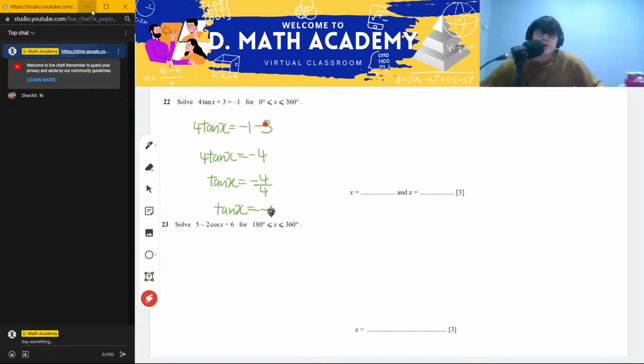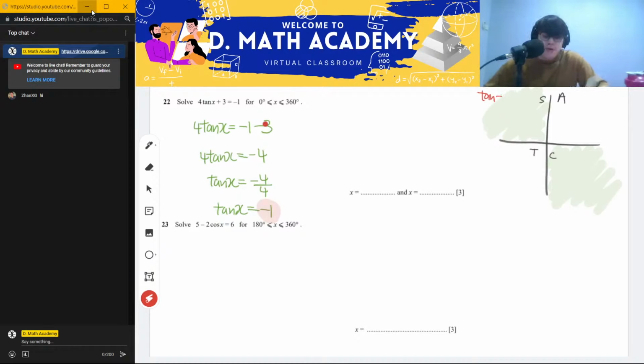So it's very important after you have gotten this, please always check whether they are asking for tangent positive or tangent negative. This one here, they told us they wanted tangent to be negative. So I will write down my ASTC again, and then I will shade this part and this part here. Quadrant 2 and quadrant 4 will be the sections where tangent is negative.